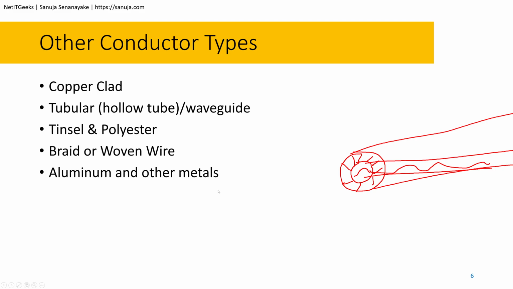In the old days in Canada, for example, some electrical wiring was done using aluminum wire. But later we found out that it is not a really good metal to use for electrical wiring, so most of the newer wiring in Canada was done using copper wires. You just need to know these things exist for now, but I may cover some technical details, especially on tubular wires, in future lectures.